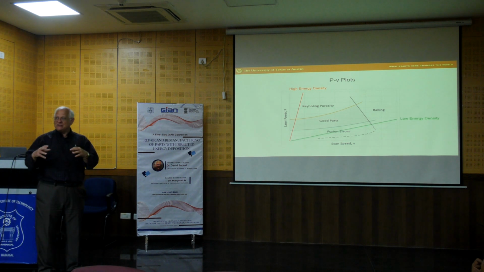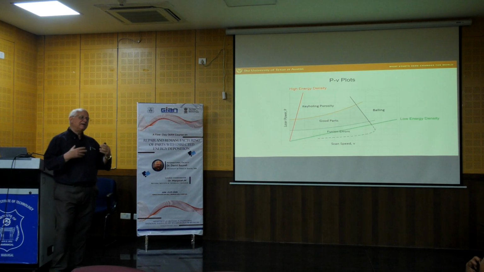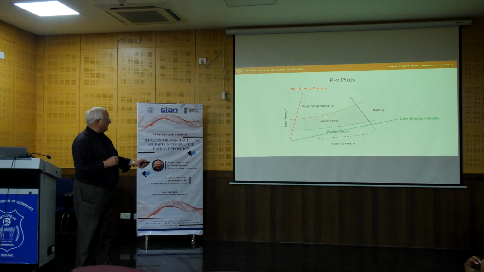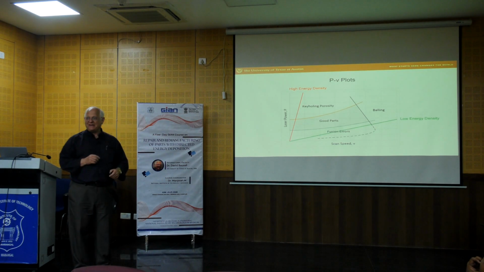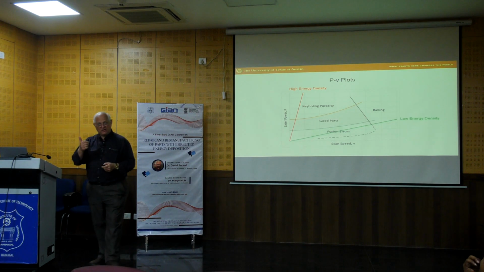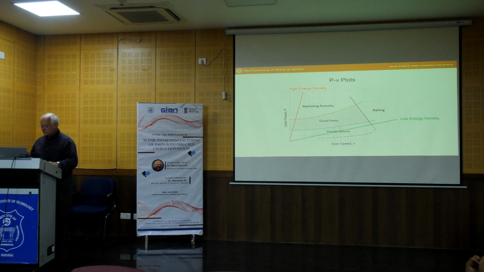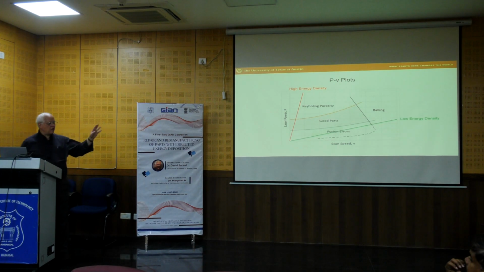So I want to be in the good zone, but at the highest possible power, if I want to create parts with high quality, consistent mechanical properties. This is where we want to be to create parts with good density and good mechanical properties.